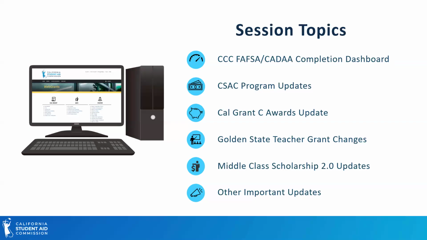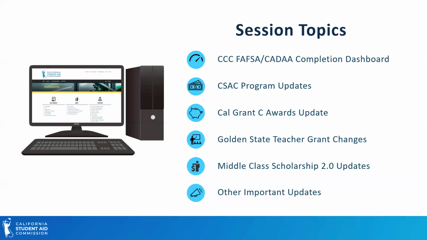So the session topics we're going to cover today include the brand new California Community College FAFSA CADA completion dashboard. We're going to take a look at that. You'll see a screenshot of the website, and there are even links to the new dashboard in the PDF that you should have received on Friday. We'll look at new program updates.